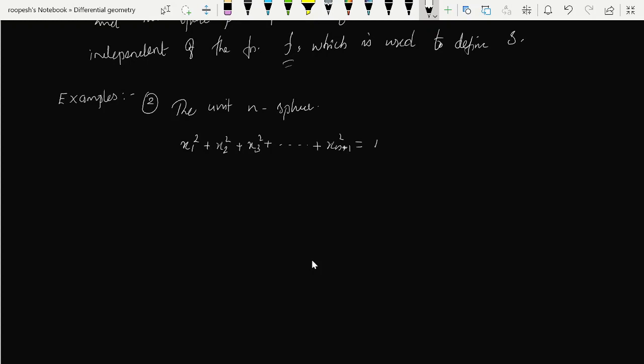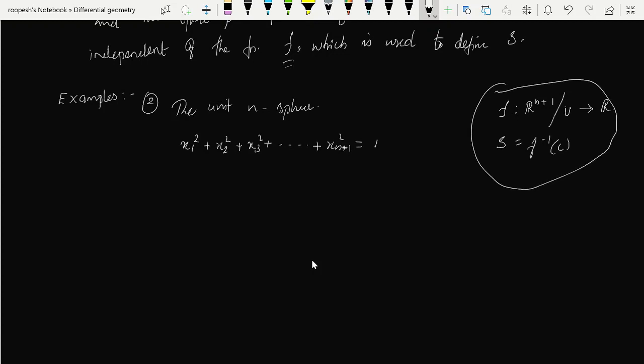Now we want to show that this is a surface. For a surface, what do we have to do? We have to define an F from R^(n+1), or from U, to R, and we want to show that this can be written as S equals F inverse of some C. This is our aim. So how do we show that? We can write this as F inverse of 1.